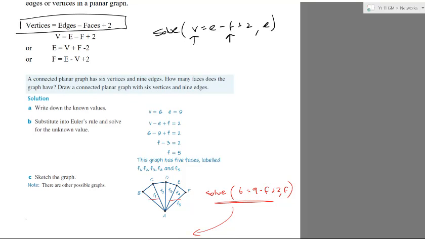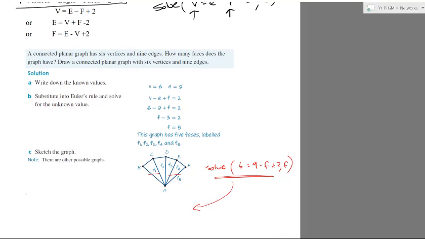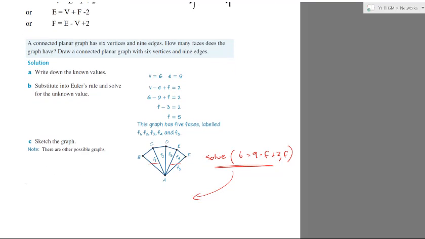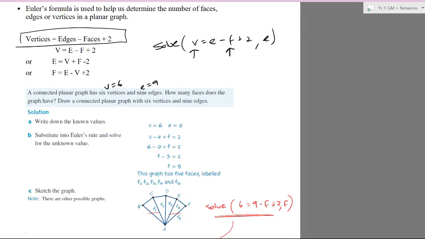So let's look at it in practice. A connected planar graph has 6 vertices and 9 edges. How many faces does the graph have? So V is 6, E is 9, there are 9 edges. We're trying to find the number of faces. So we can go to these formulas at the top here, or you can just use solve in the calculator.